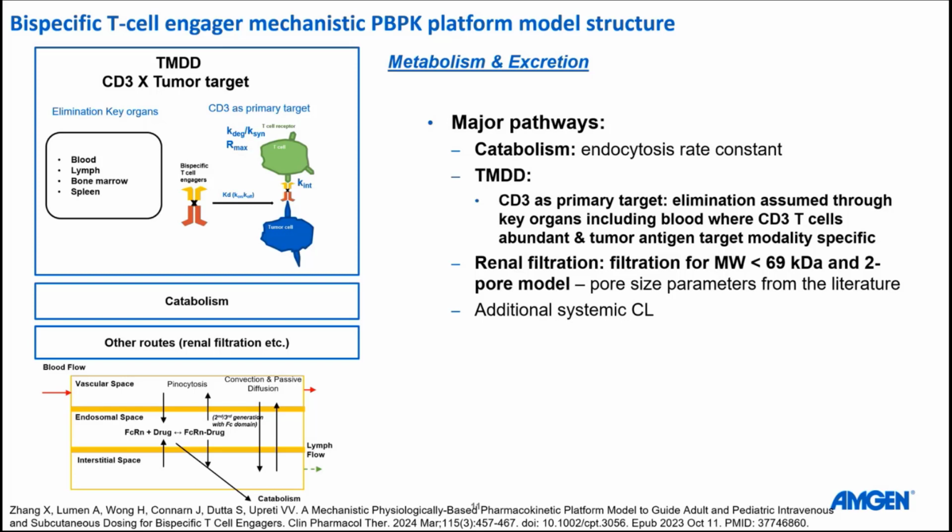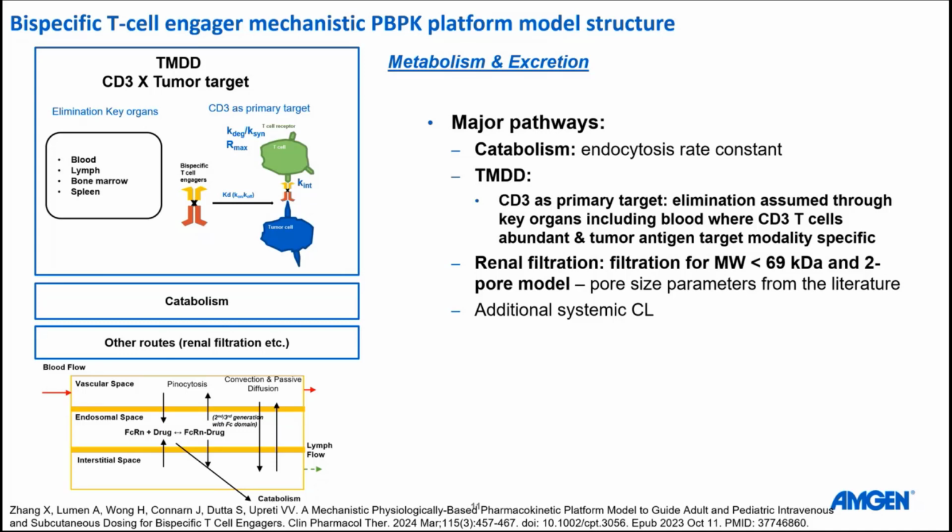So usually after BiTE TCE dosing, we have observed the decrease of CD3 T cell in the systemic circulation, which is likely due to the migration of the T cell, and then an expansion of T cell population to about 2 to 3 times of the baseline. So this actually tracks with the time varying clearance in the PK for BiTE TCEs.